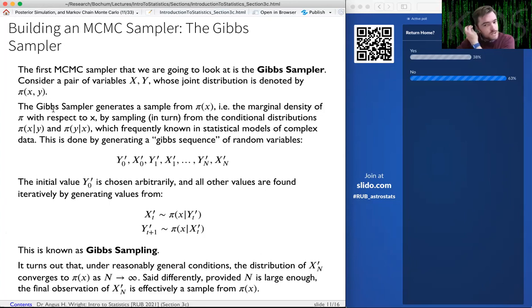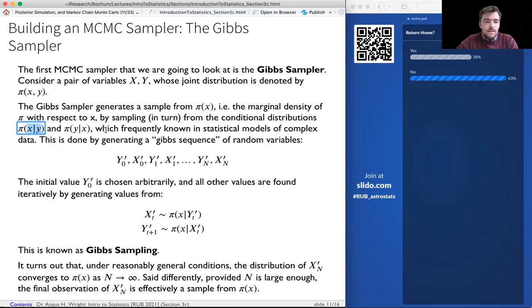The Gibbs sampler proceeds by generating a sample from the marginal distribution pi of X, and then we sample in turn from the conditional distribution of X given Y and Y given X.